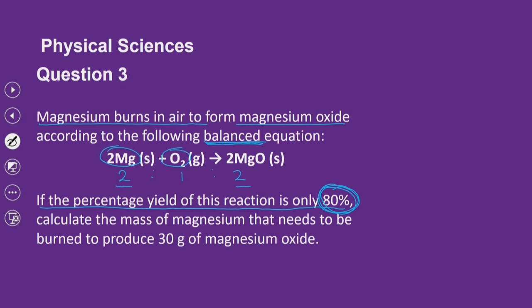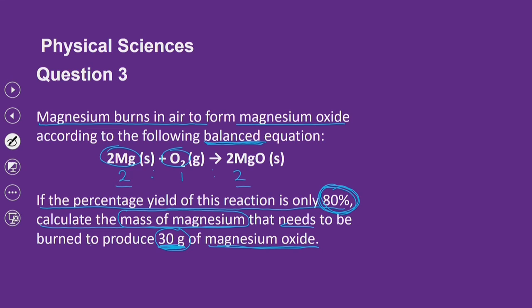We must calculate the mass of magnesium. We want to calculate what mass of magnesium is needed to burn, to produce 30 grams of magnesium oxide.